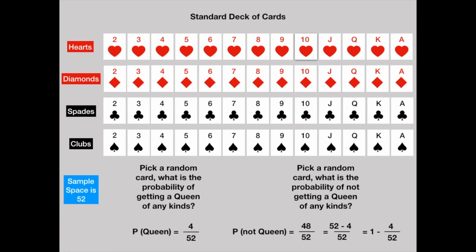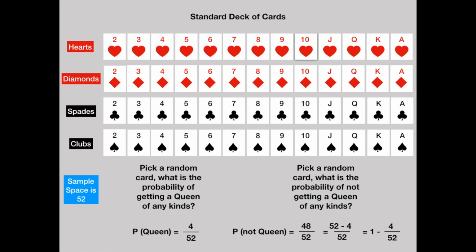Now here's an example of finding the probability of an event in this experiment. If you pick a random card, what is the probability of getting a queen of any kind? Keep in mind that in order to find a theoretical probability, you want to find the total number of outcomes of the event, and then you want to find the sample space.